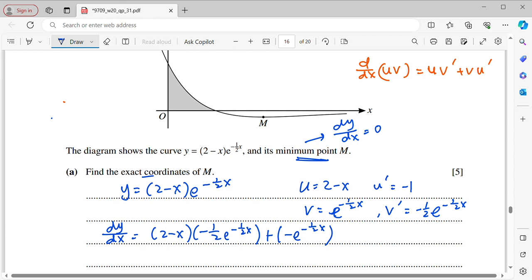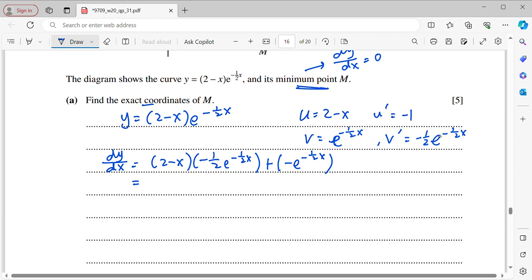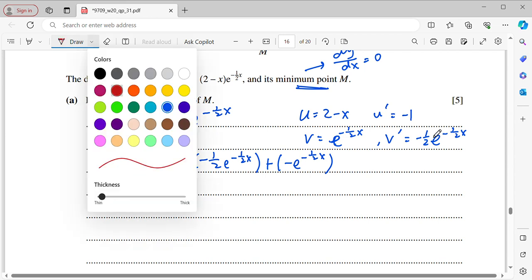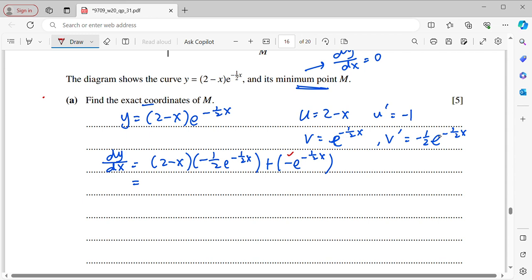So then from here, I need to find the x coordinate first of the M. That means I need to solve for x here, right? So first of all, I will factorize the common term. Basically, the common term is negative exponential. Okay, and I can factorize a half because I don't want any fraction inside the bracket.